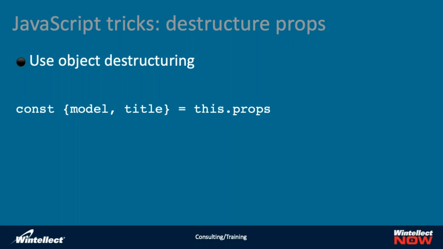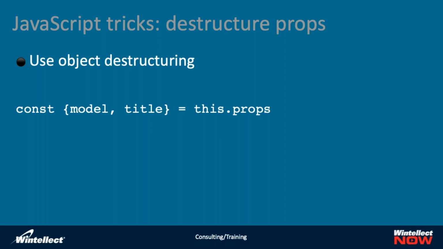Object destructuring can save you some typing. Instead of declaring variables separately inside of the return method of a React component, or saying this.props.model and this.props.title, you can now use this object destructuring syntax to create individual constants or variables in one line right here.